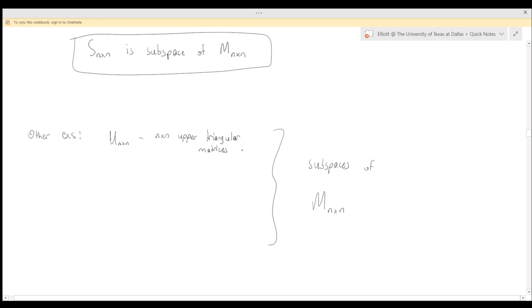When you add two upper triangular matrices, the result is upper triangular, so it's closed under addition. If you take an upper triangular matrix and multiply it by a scalar, the result will still be upper triangular. So it's also closed under scalar multiplication. Same for n by n lower triangular matrices, and n by n diagonal matrices.